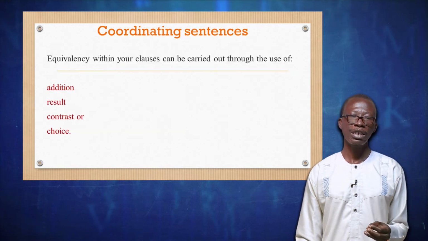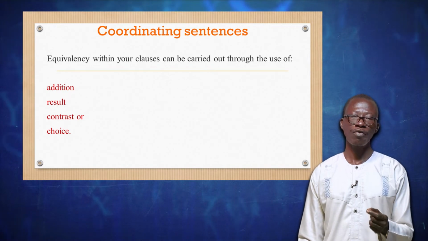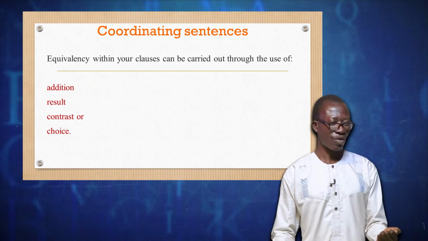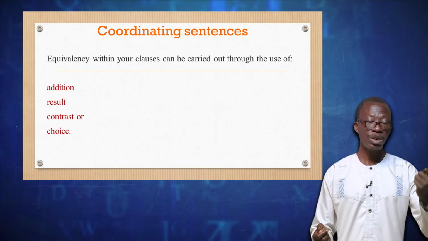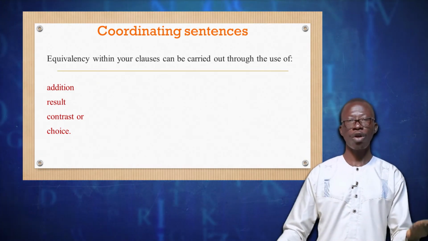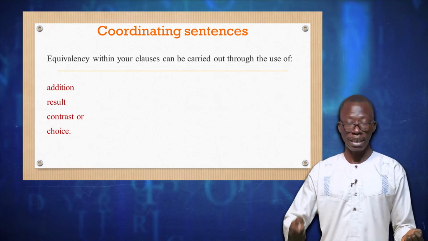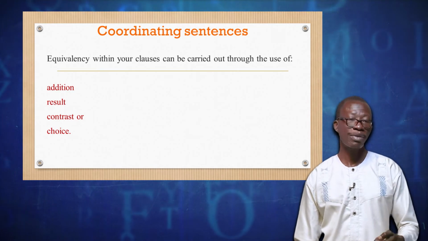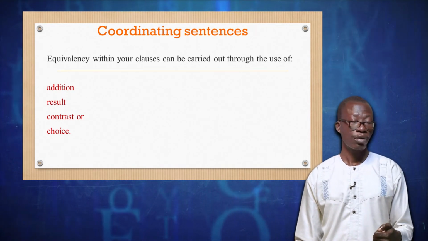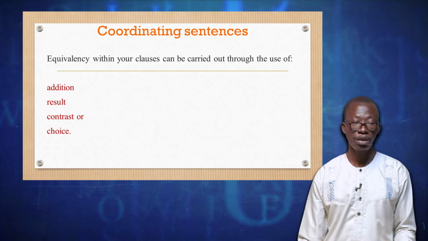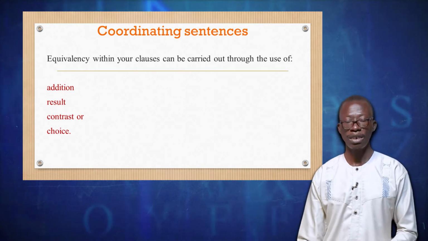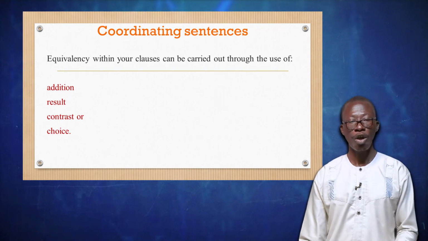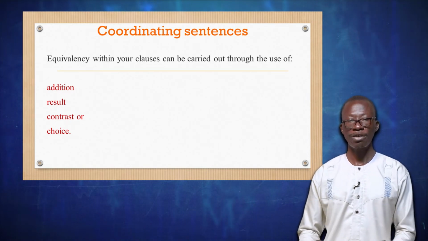Equivalency within your clauses can be carried out through the use of the following. One, addition. When we're talking of equivalency, we mean that you are putting equal weight on your clauses. You can do this in different ways. One of the ways is by the use of what is termed addition, then by the use of result, which you explained a bit of the last time we met, then by the use of contrast, or choice that we make.